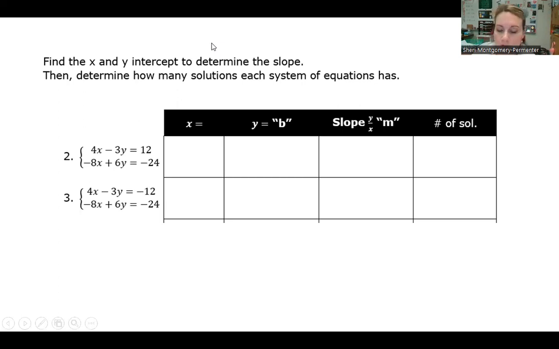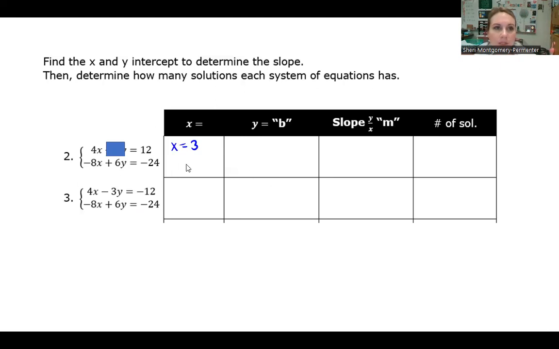So we're going to go through and do a few of these, and it's going to be the same way. Our first step will be to figure out what our x and our y are. So for the first one, if I cover up the y part, x will be 12 divided by 4, so x would be equal to 3.